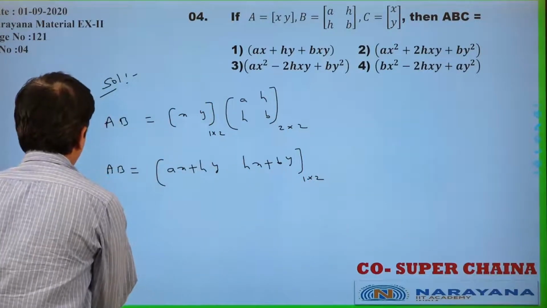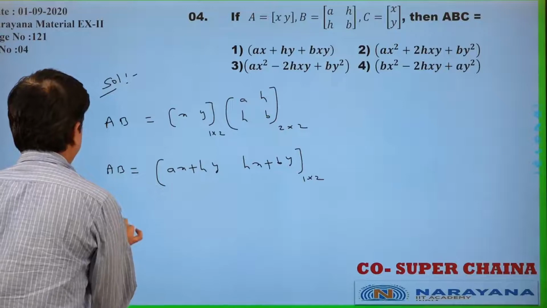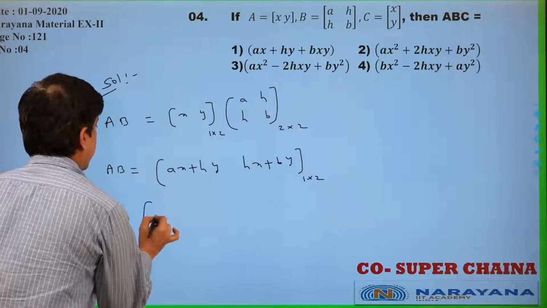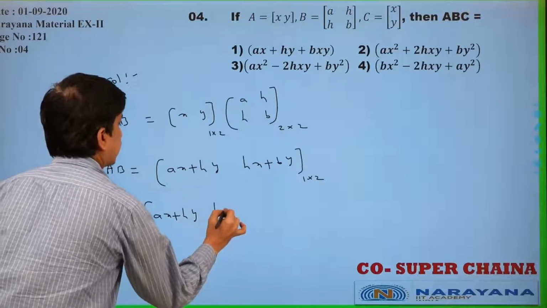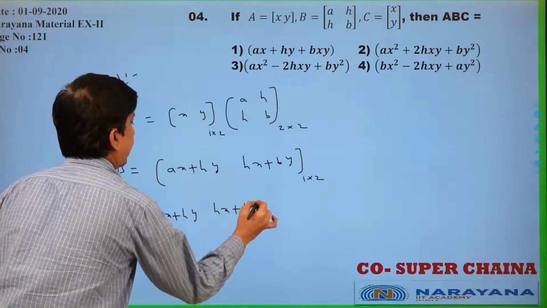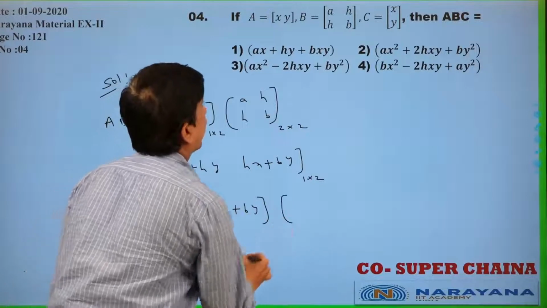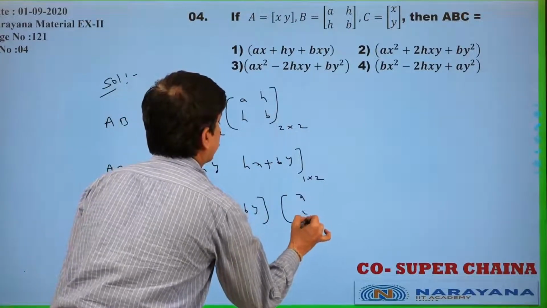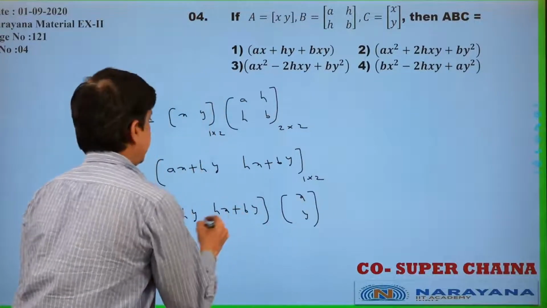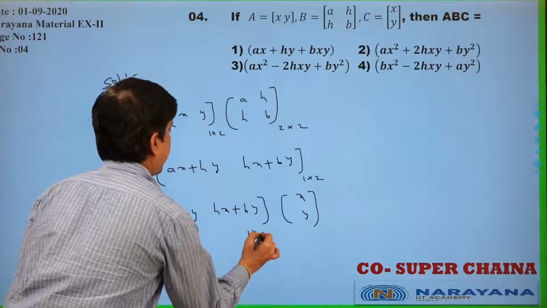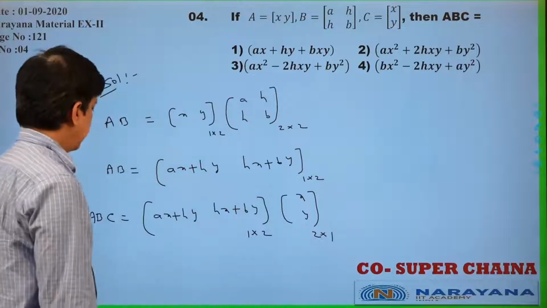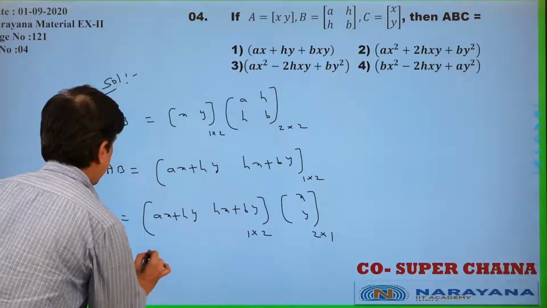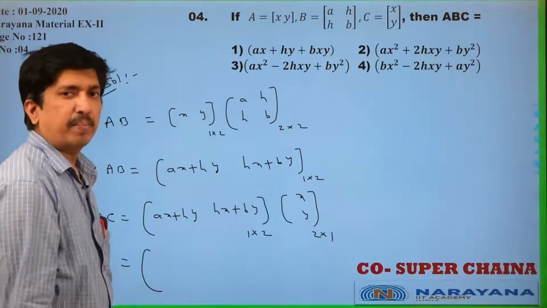Now AB into C. AB into C is nothing but [ax + hy, hx + by] into [x; y]. This is a 1 by 2 matrix and this is a 2 by 1 matrix. The resultant matrix is a 1 by 1 matrix.